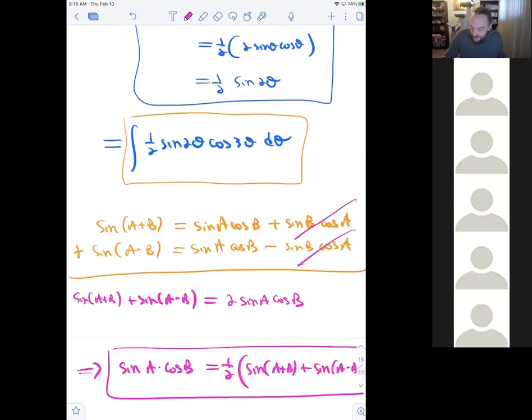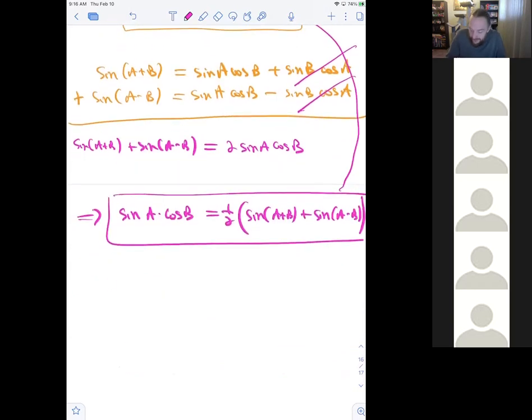That's what you want to use right here. You have A is equal to 2 theta and B is equal to 3 theta.